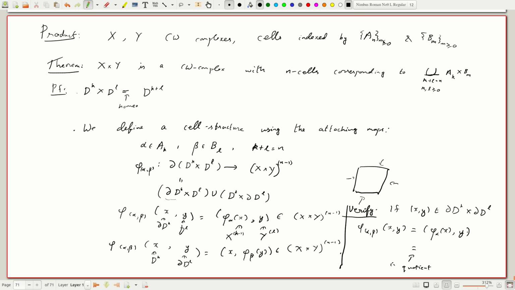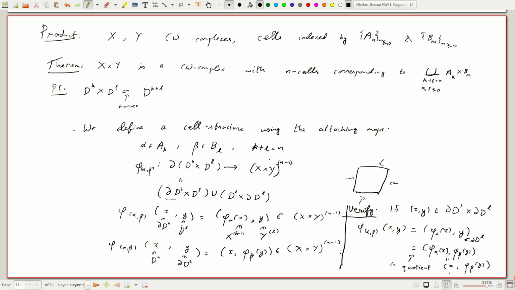So remember, y is now going to be in boundary of D^l, and any point in the boundary is identified by using its gluing map. Okay, so it's going to be phi_alpha of x and phi_beta of y. This is because we are taking a product space, and this is the quotient identification when we are gluing CW complexes. And so this is going to be the same thing as x by the same argument, phi_beta of y. So we can reverse the two and we get this product structure.